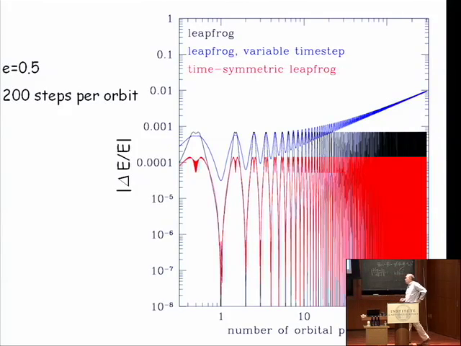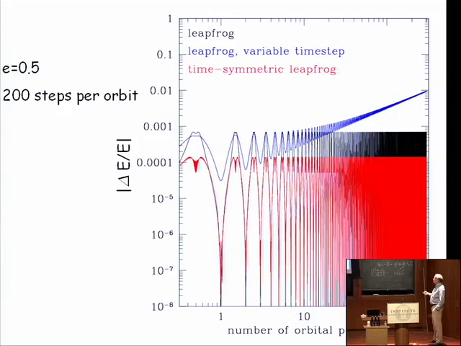This is the same system that I looked at before, except with a somewhat higher eccentricity of 0.5. The black line is just following this orbit with standard leapfrog with a fixed time step. The maximum energy error, the envelope of the energy errors, is fixed, as we've come to expect. If I then take standard leapfrog and vary the time step naively, you just change the time step after every leapfrog step, the energy error looks like this.